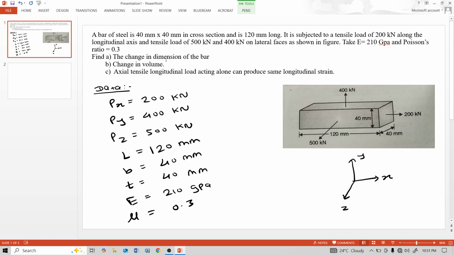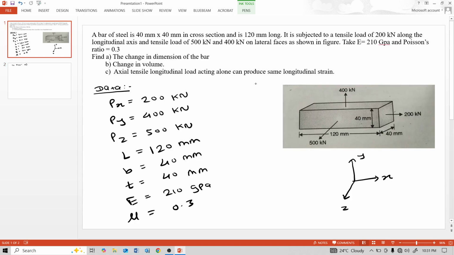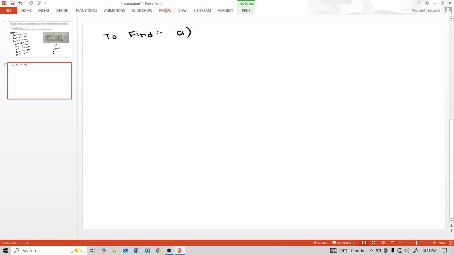To find: A. Change in dimension of the bar, that means change in length, change in breadth and change in thickness.